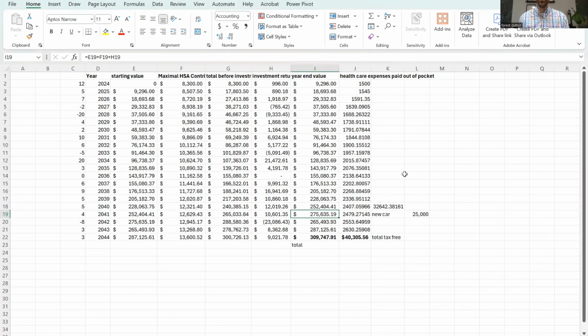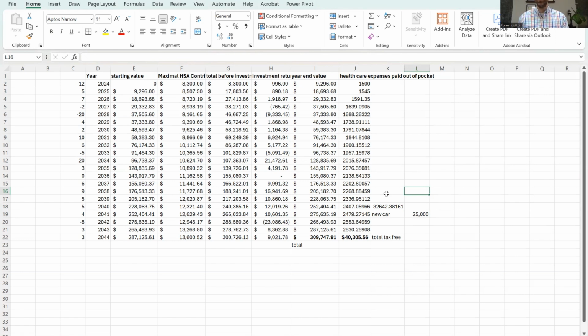You could easily just either write yourself a check or do a debit transaction and pay for that car outright. When you report it on your taxes, you would say this was an expenditure for medical reasons. Now, it's not in the year that it was made, but you have the proof that you can reimburse yourself in that year for previous expenses.